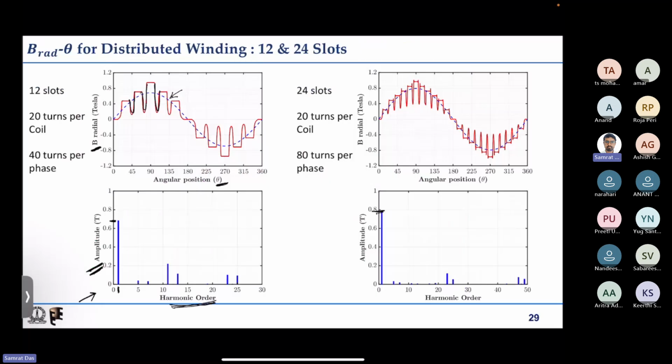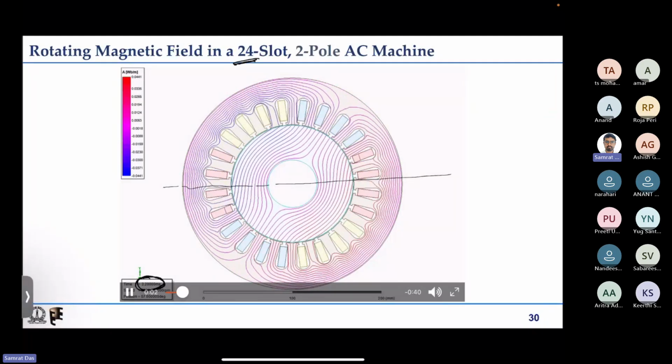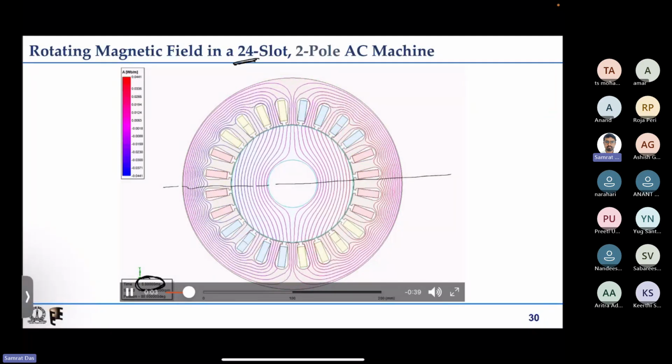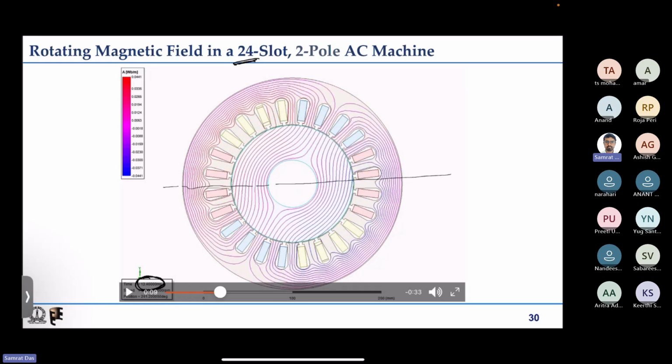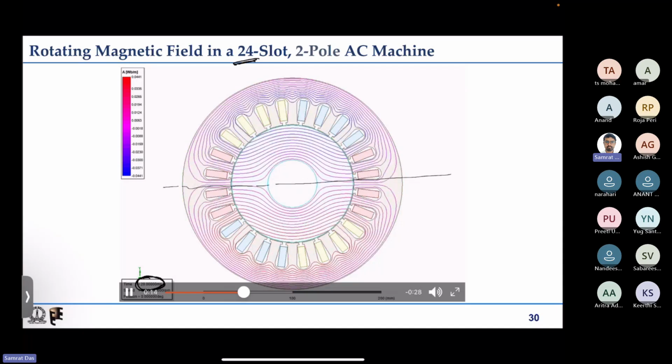And if I restart it again, initially it is 0 millisecond, right? And as we go to 20 millisecond, you will see that it has again come back to the original position.